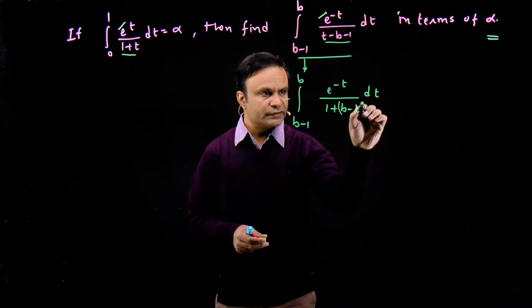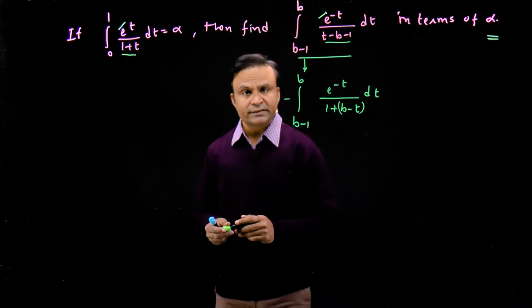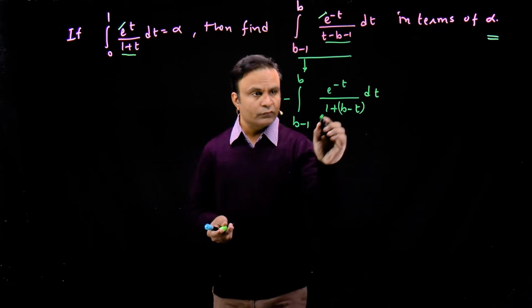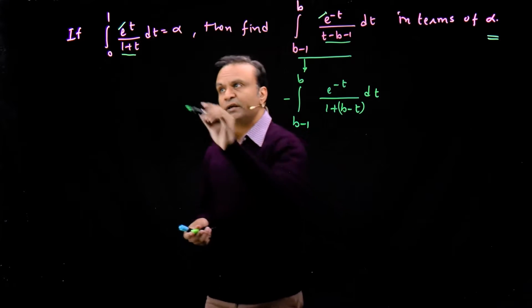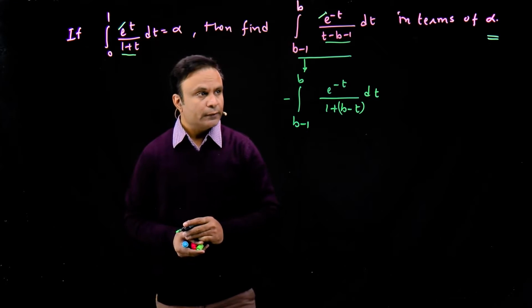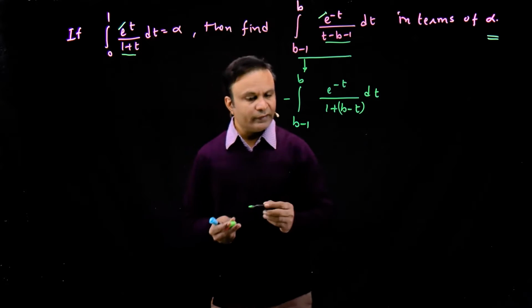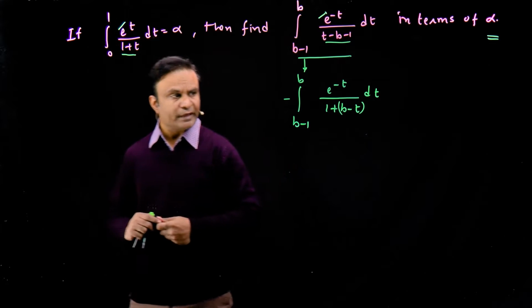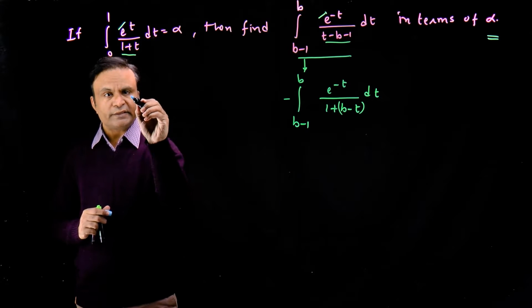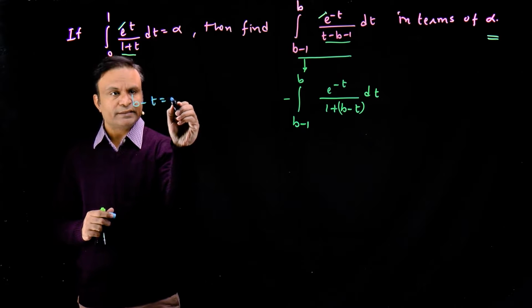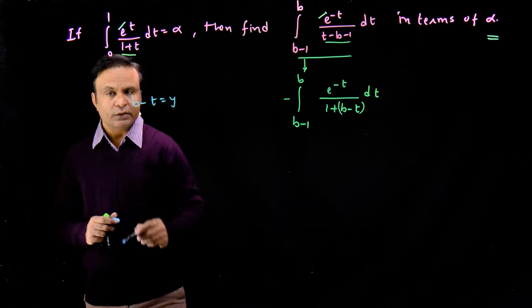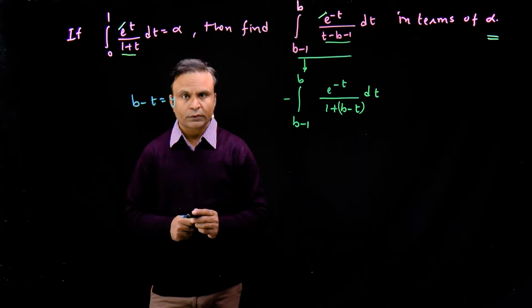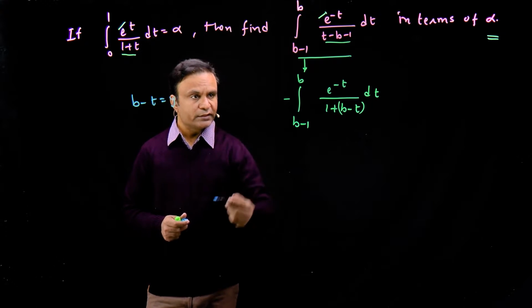Now let's club this b minus t. Now we have here 1 plus some linear function. Here we have 1 plus t. So what I'm going to do, I will substitute for b minus t. So let's substitute b minus t equal to say y. What will be the change in the limits?